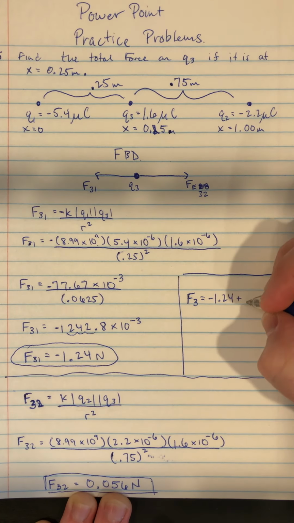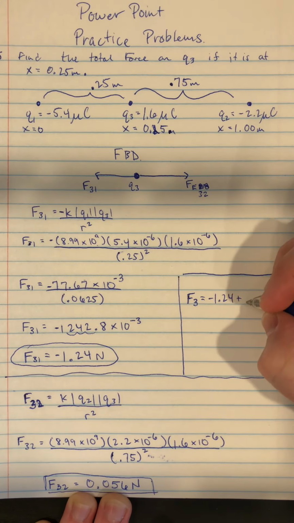All right, number 26. Given that Q equals positive 12 microcoulombs and D equals 16, so let me draw the picture first.